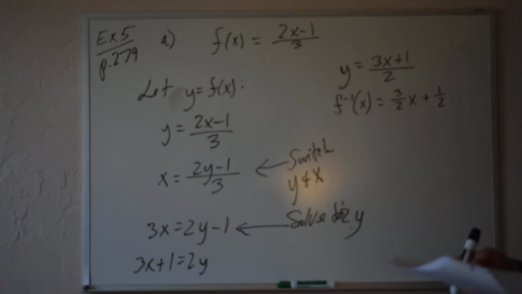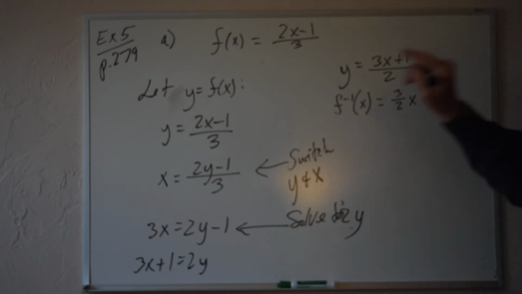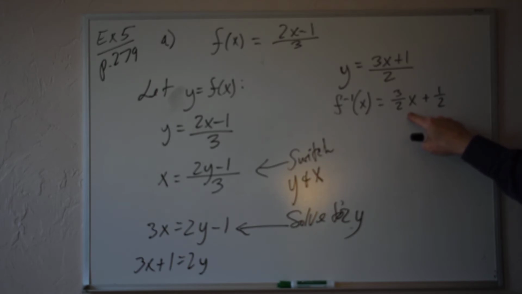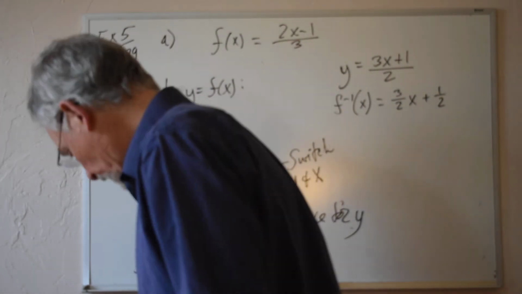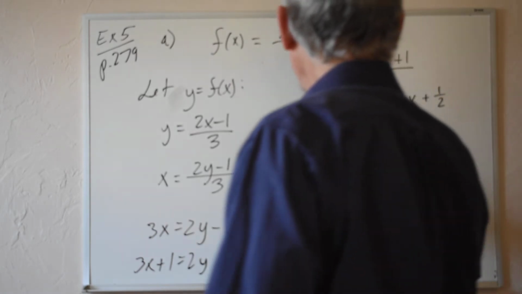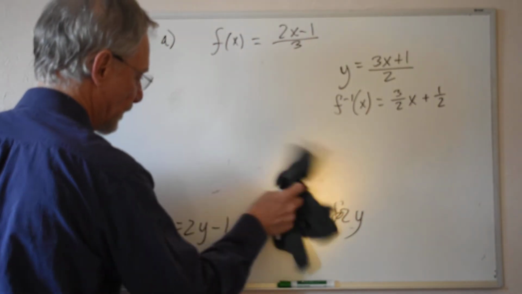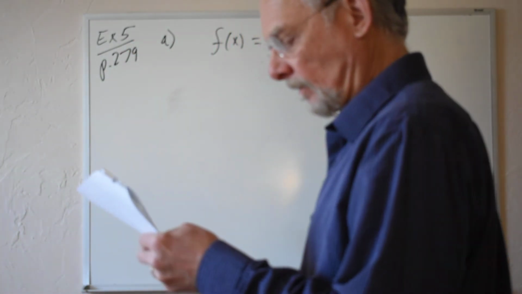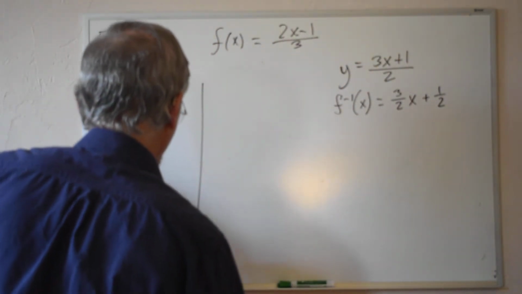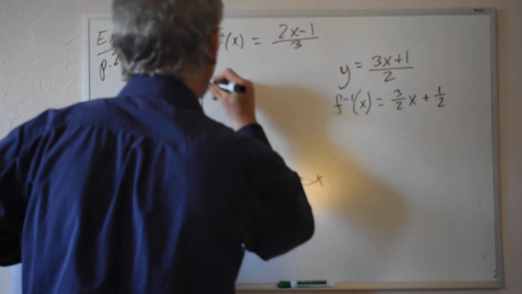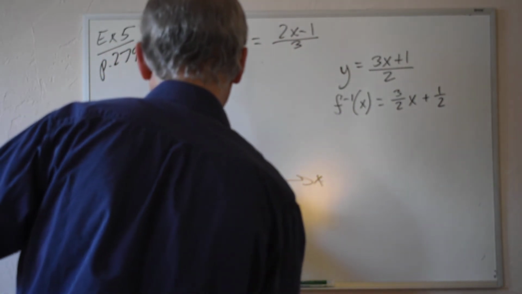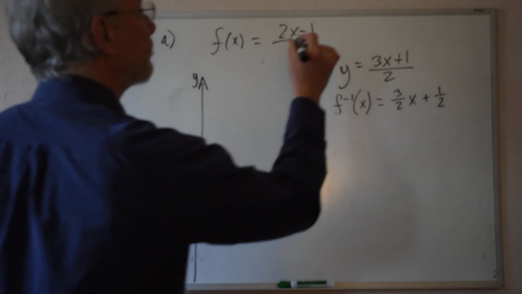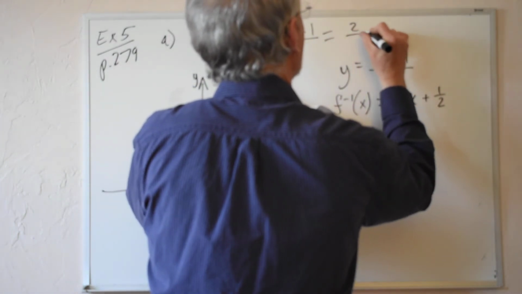So in part B, we're asked to graph this original function and its inverse and see what the relationship is. Draw my coordinate system. And to draw f of x, let's put this in slope-intercept form.